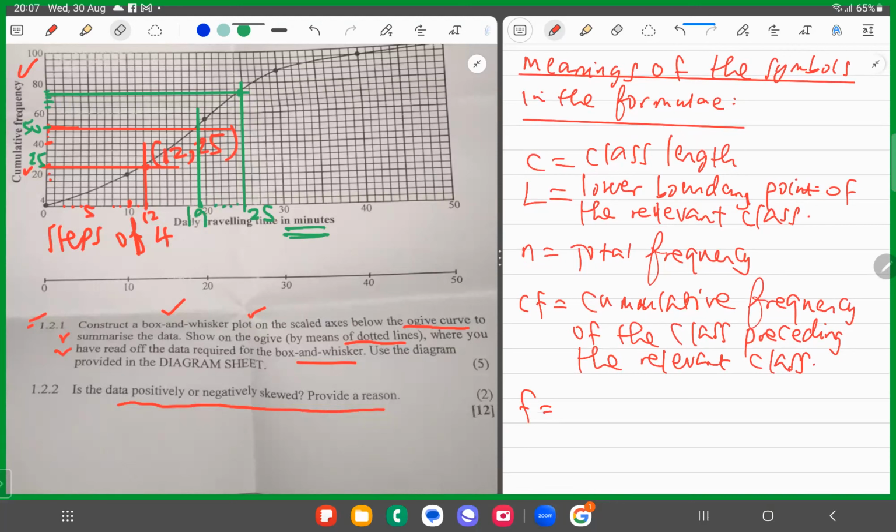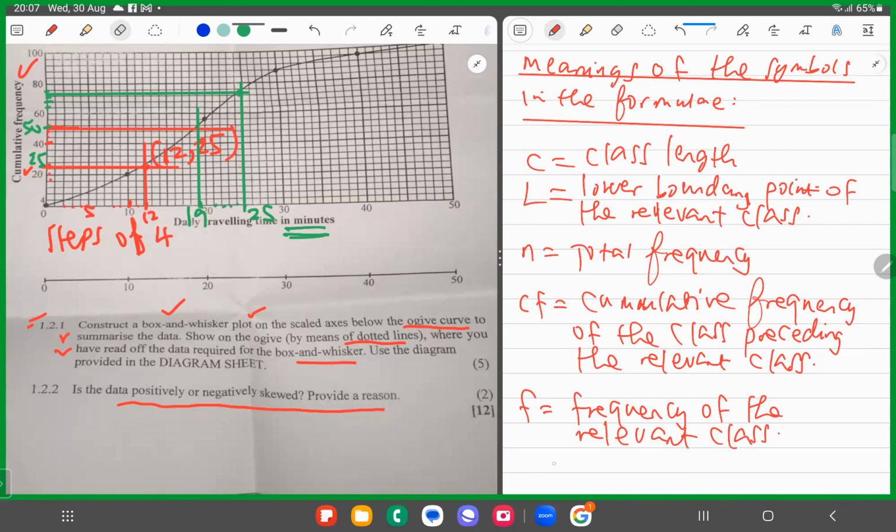And then F is the frequency of the relevant class. The relevant class is the class associated with the position of the relevant class.